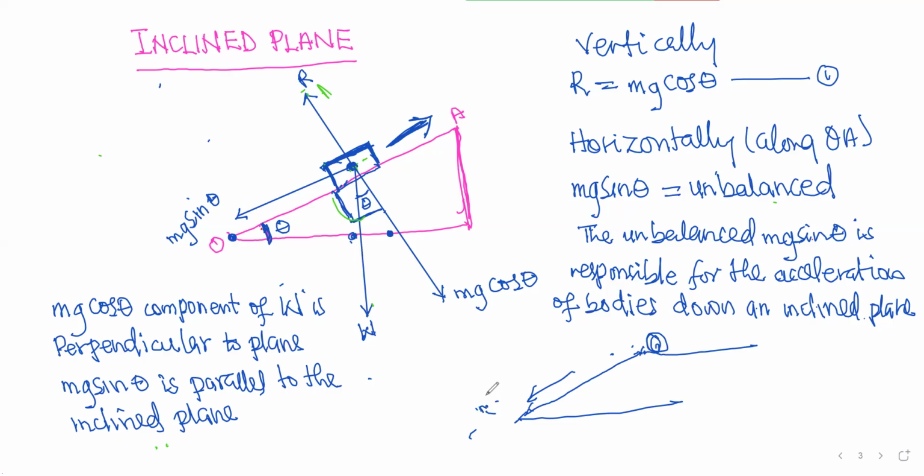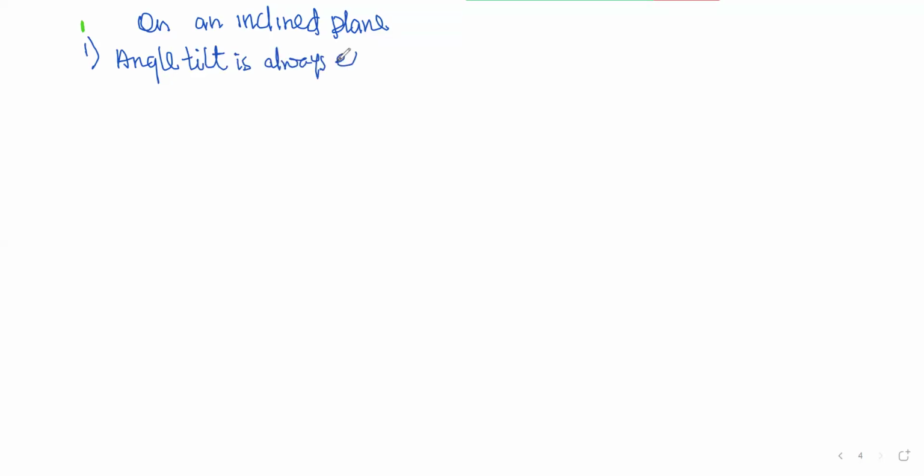Okay, so things you must understand on an inclined plane is that, one, the angle of tilt on an inclined plane is always equal to the angle between the weight mg and the normal reaction.